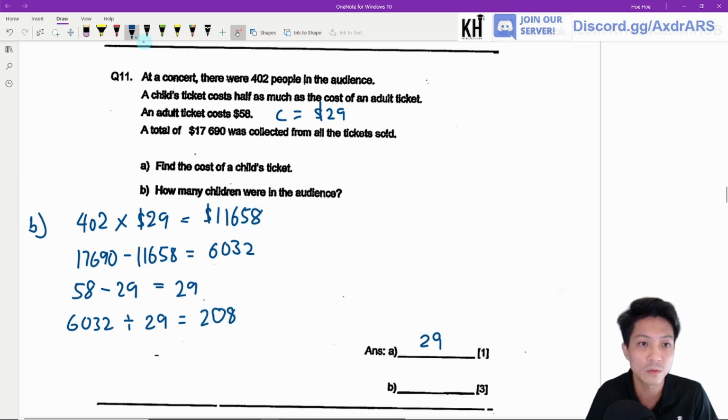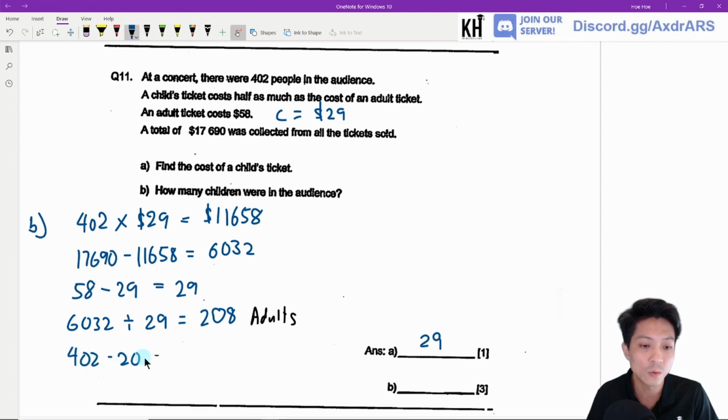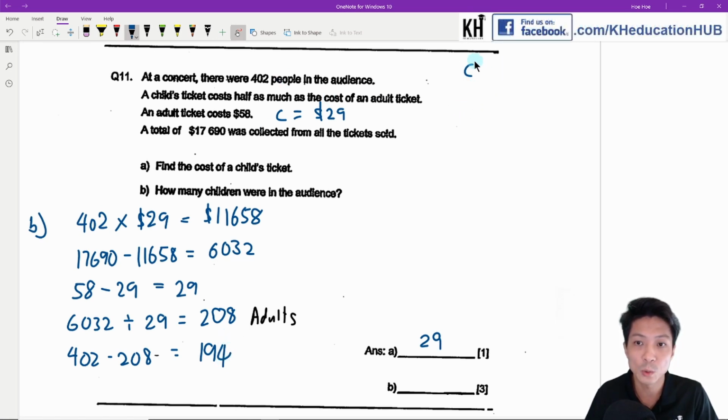Okay, if I'm not wrong, this one should be the adults. Children will be 402 minus 208, which is 194. So this type of question, we can always do a check.